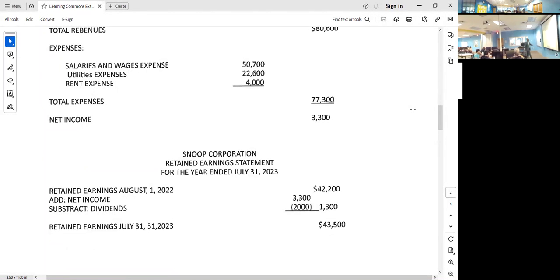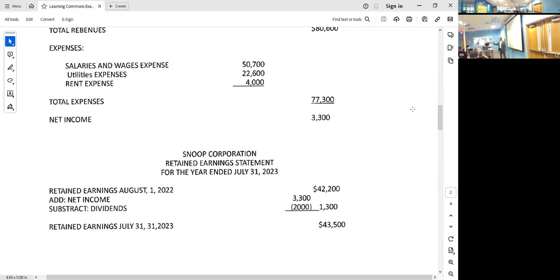When you subtract those two, you're gonna get that 1,300 right there. That's what's off to the side. And then you take this and you add it together, and that's how you get your ending retained earnings.